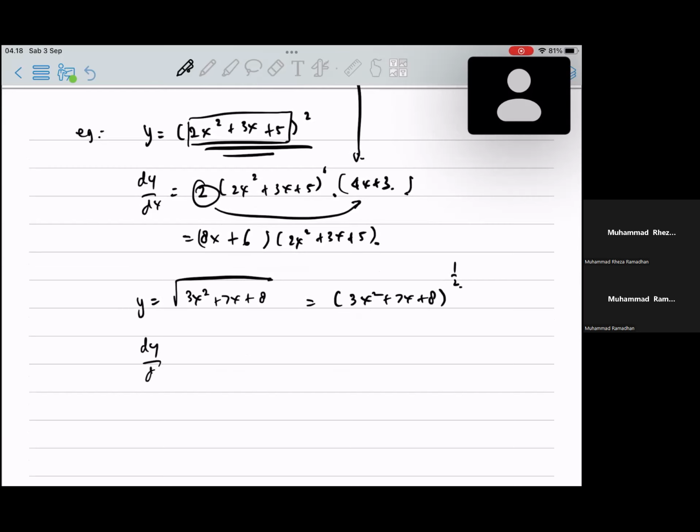So dy over dx is half 3x squared plus 7x plus 8 to the power of minus half multiplied by the derivative of this, so 6x plus 7.